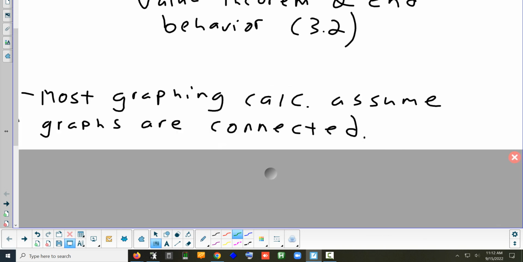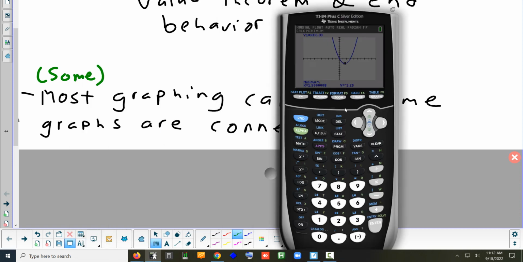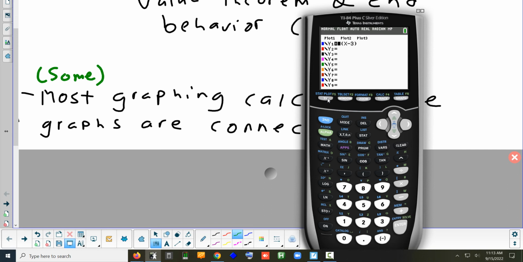So some graphing calculators assume that what you want to draw should always be connected. For example, if I were to do something like 3 divided by x minus 2, what value can I not use for x? 2.